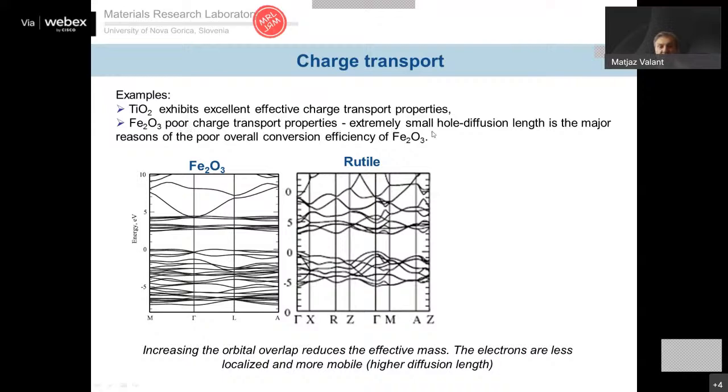The extremely small hole diffusion length is the major reason for the poor overall conversion efficiency. And why this happens is because, as I said, in hematite the major charge carriers are electron holes, and there are very many possibilities inside the crystal where relaxation or recombination can happen.